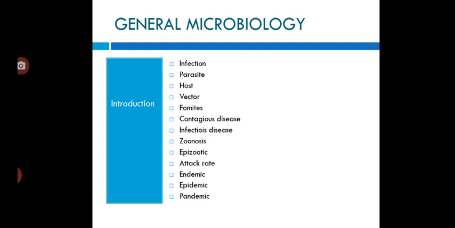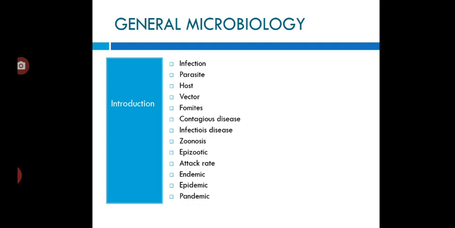Then vector is an organism that does not cause disease itself but which spreads infection by conveying pathogens from one host to another. Species of mosquito, for example, serve as a vector for malarial infection.